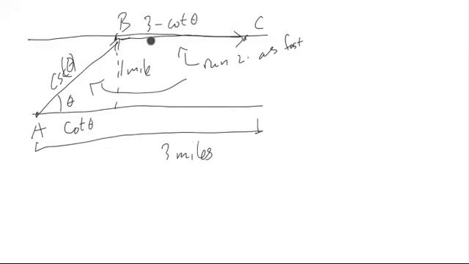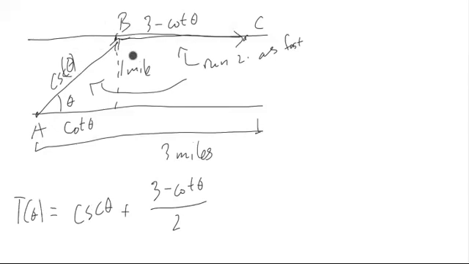But if we're thinking about time, we can cut that down in half, and then just use this. So if we minimize this, we'll minimize time here. So let's just minimize this function right here: cosecant theta plus (3 minus cotangent theta) all over 2.